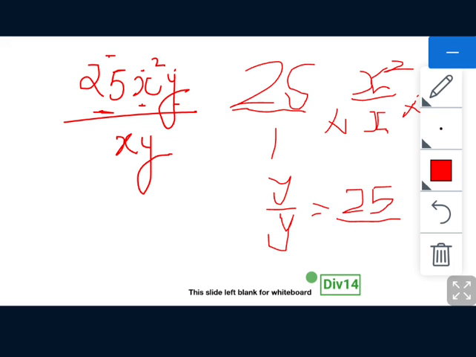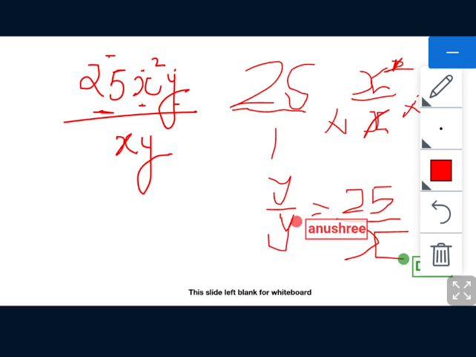Would it be 25 over xy? 25x, only 25x, that will be your answer. See, x gets cancelled out, y completely gets cancelled out, so it will not be 25 over x, it will be 25 multiplied by x. See, x squared divided by x, right? So it's not 25 over x, it will be 25x.